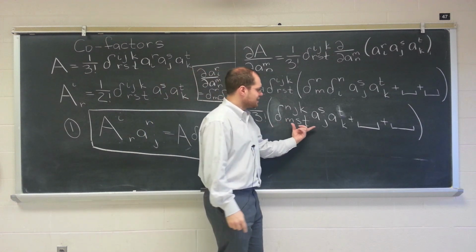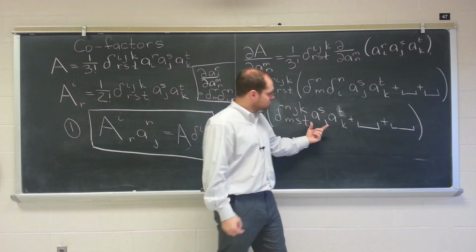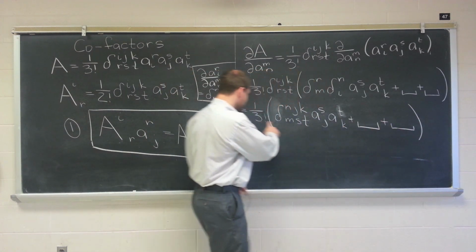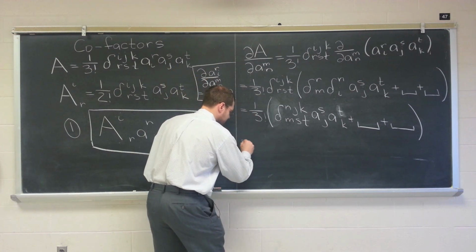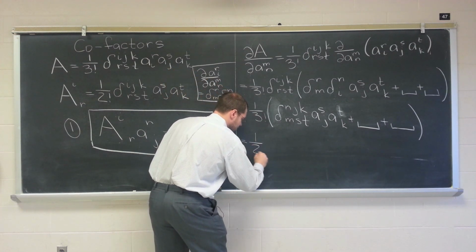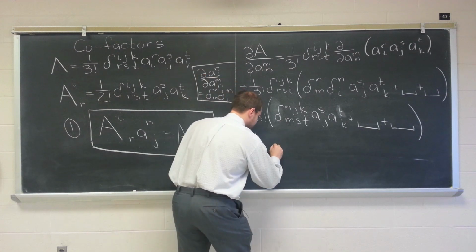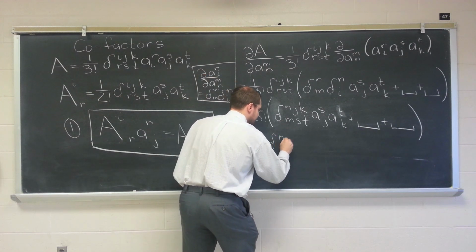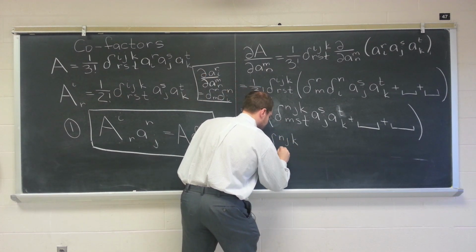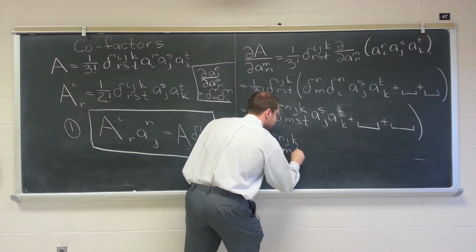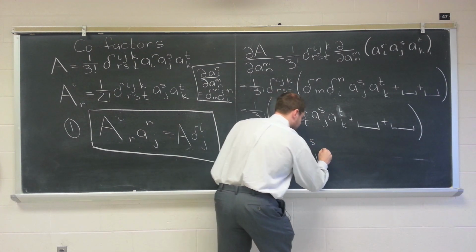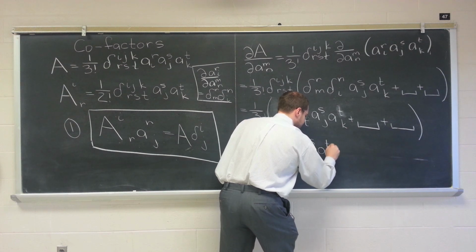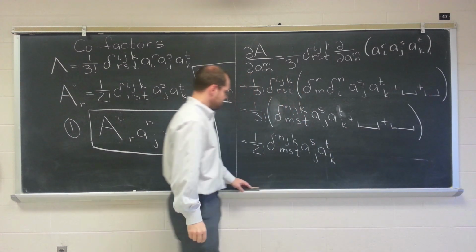And because I claim, and it's true, that these three terms are the same, this 3 is cancelled, and the factor actually becomes 1 over 2 factorial, delta^n_jk, delta^m_st, A^s_j A^t_k.